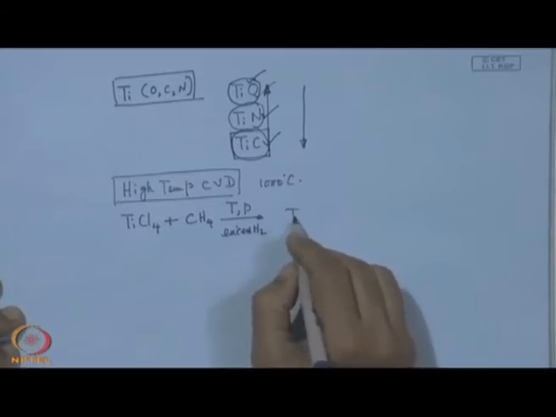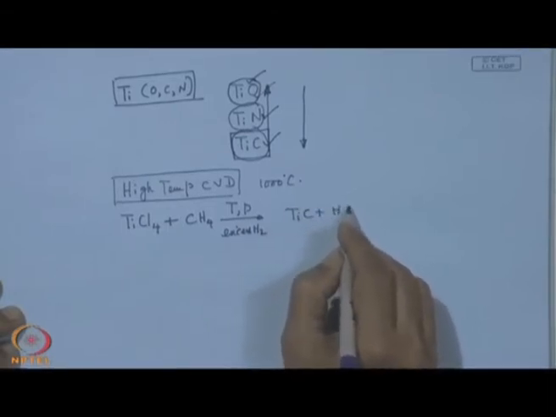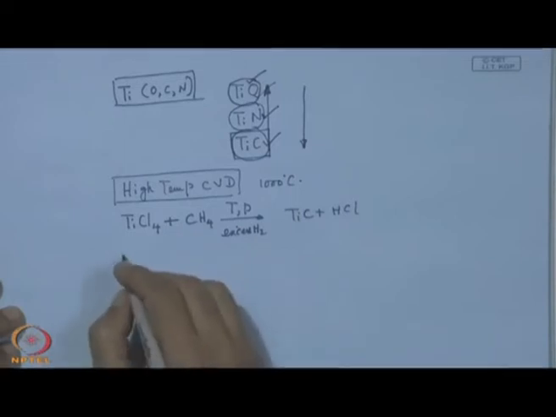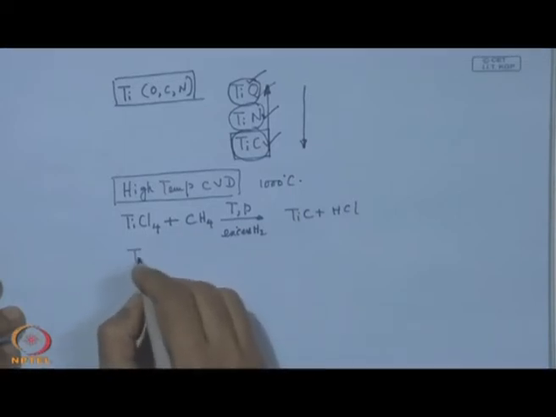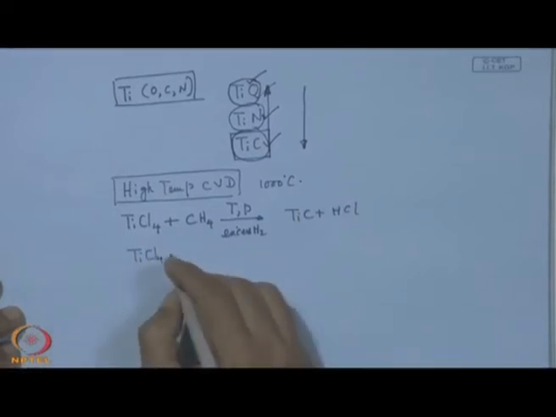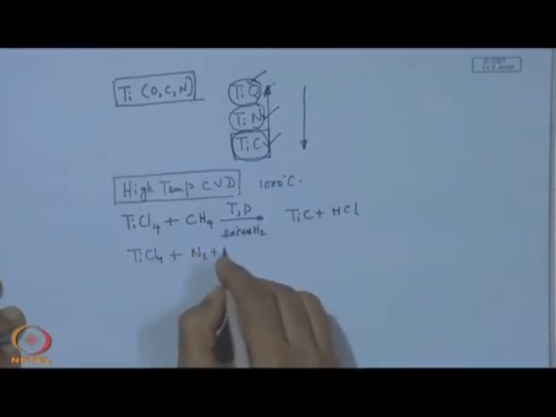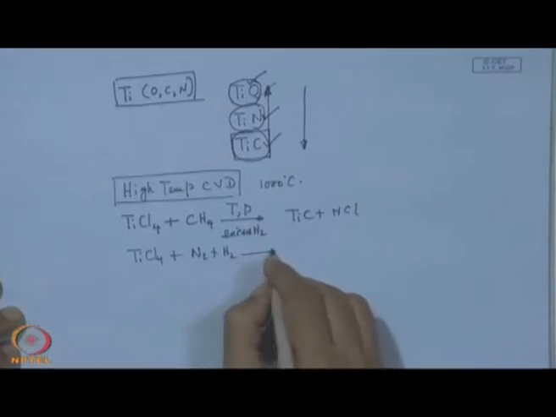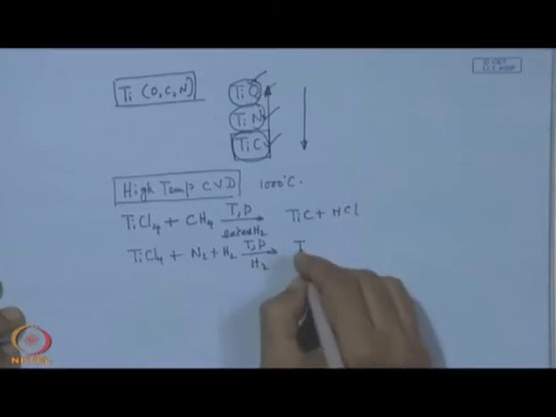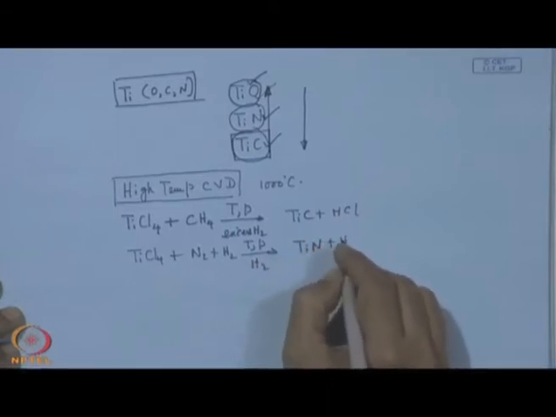That gives us TiC plus HCl, it has to be properly balanced. Also, in simultaneous reaction, N2 and H2, with pressure, temperature and hydrogen, we can get TiN plus HCl.